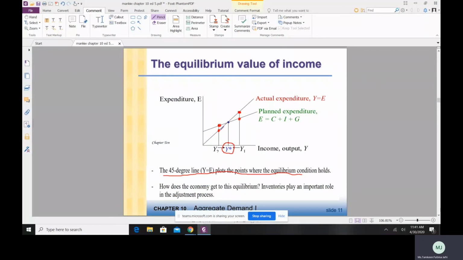So in order to maintain your inventory at an appropriate level, you're now going to hire more workers. When you hire more workers, production increase होगी, and as a result, I'm going to move to Y bar. Okay. So when you hire more workers, आपको pay करना पड़ेगा उन्हें. You have to pay them wages. So their income is going to increase, and the process continues until I achieve Y star.